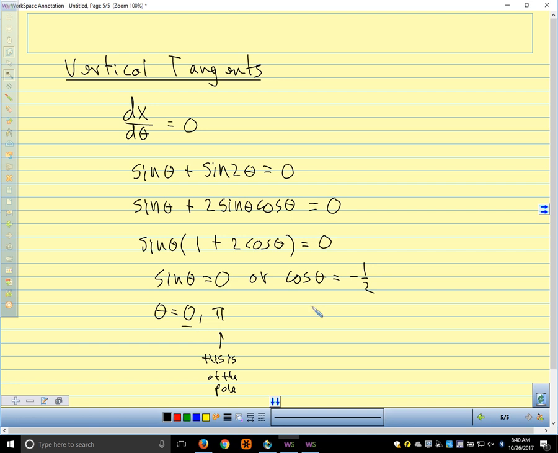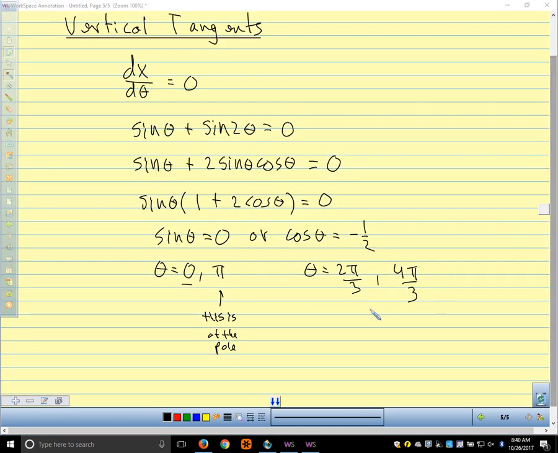So we need 0, and this one gives us theta equals 2 pi thirds and 4 pi thirds.